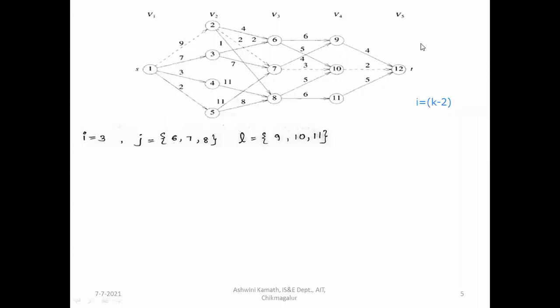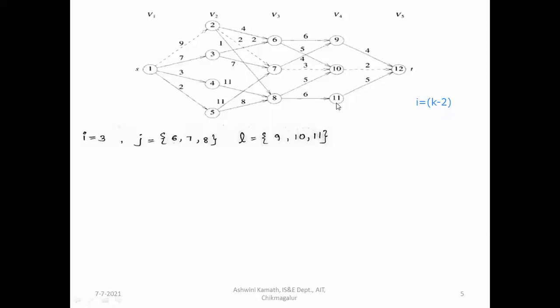I hope you are getting it. We have to start at I equal to K minus 2 stage. Here I is equal to 3, and in this stage we have 3 vertices, 6, 7, and 8. L is the vertex from the next stage, Vi plus 1. Vi is the third stage, and Vi plus 1 is 9, 10, and 11.